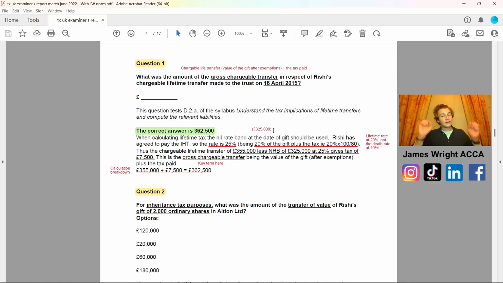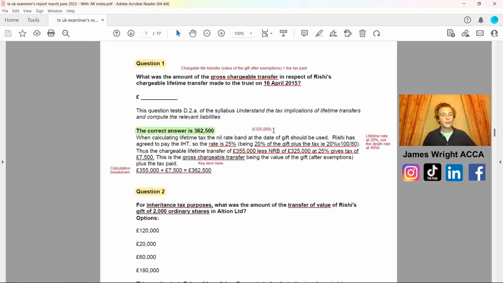And this is where, have a look back at the question, go through it in your own time on there. But to take the figures, we then have the 355,000 for the actual chargeable transfer, less the nil rate band for that year. And that gives us, at 25%, tax of 7,500.